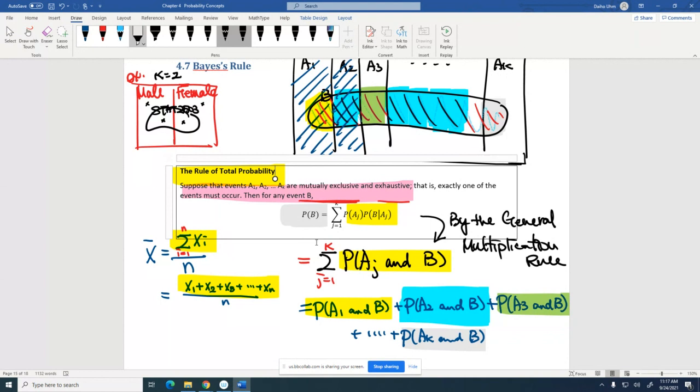And sum up the total probability, that would be the same as the probability of B. But it is not the Bayes rule. We need the rule of the total probability for the Bayes rule later. But please understand what the rule of the total probability is. It is the probability for B, just B, piece by piece.